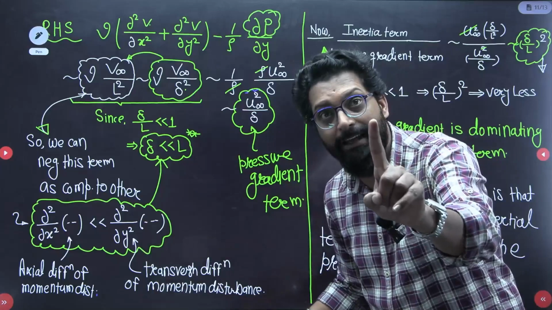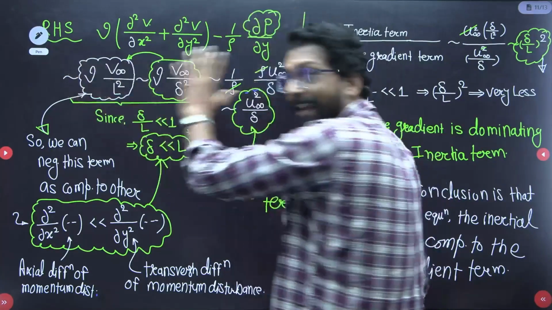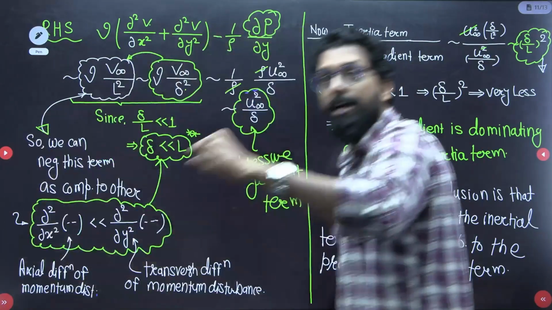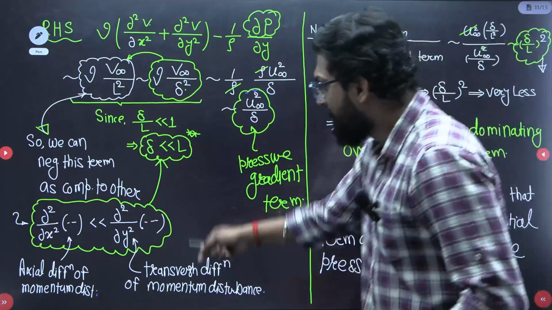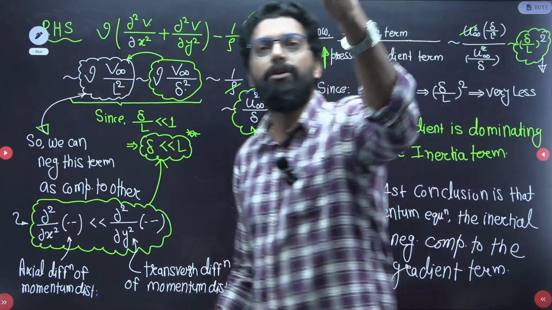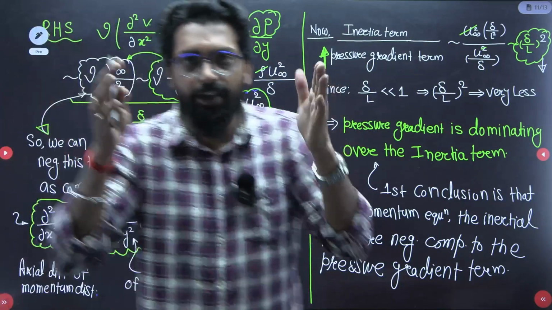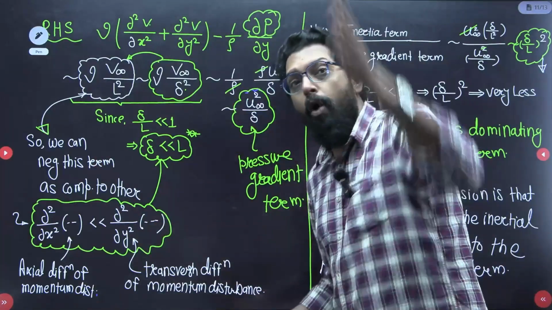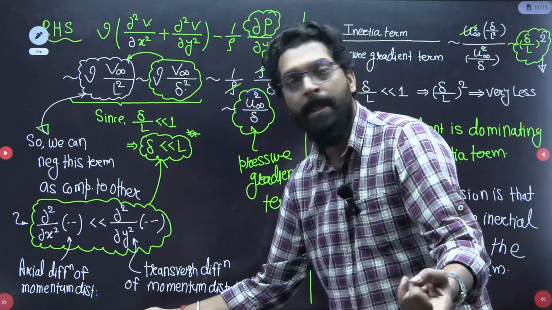The first subtle concept is that while you analyze the boundary layer over a flat plate, the axial diffusion of momentum disturbance is neglected as compared to the transverse diffusion of momentum disturbance. Clear? So you can neglect this one.